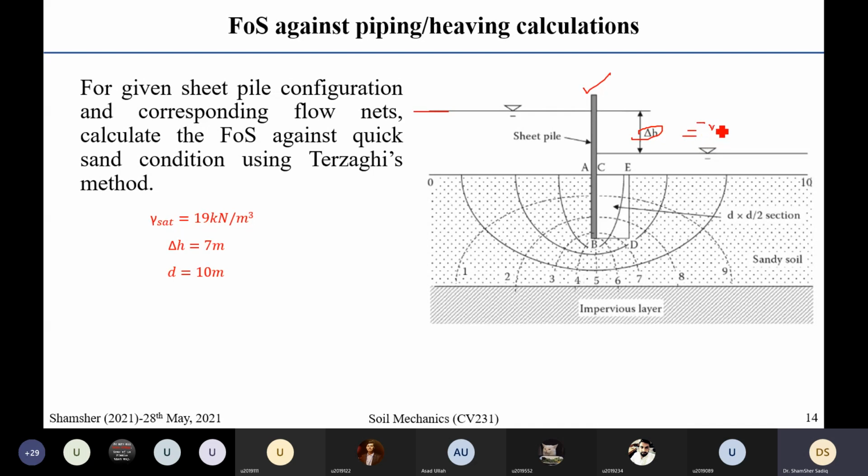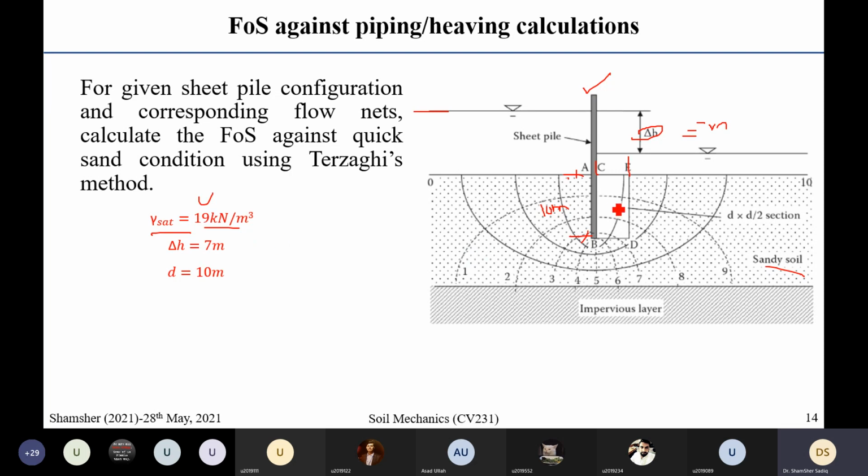You are given the embedment depth as 10 meter, and you are also given the flow nets, so you know how much this would be. This would be 5 meter, meaning D by 2, and you are given the saturated unit weight of the sandy soil or permeable strata, which is 19 kilonewton per meter cube.